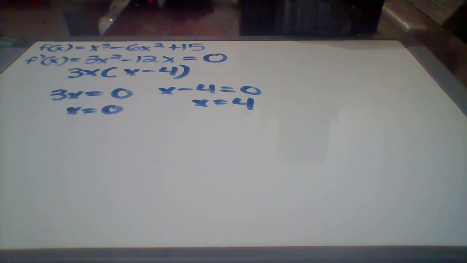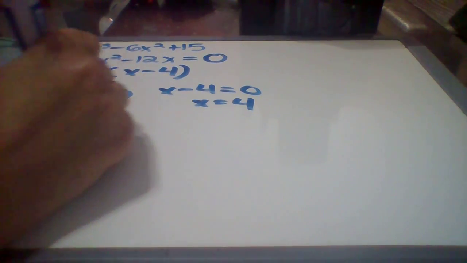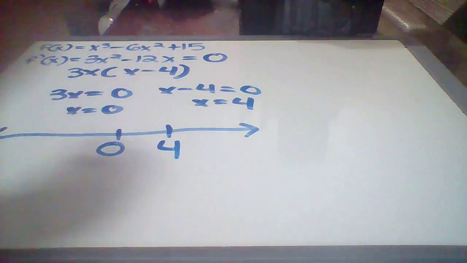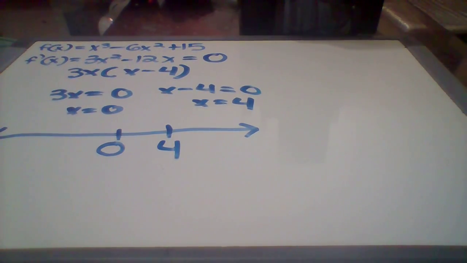And then I'm going to want to draw a number line and plot 0 and 4. And then I'm going to want to pick points, test points, around my critical points.